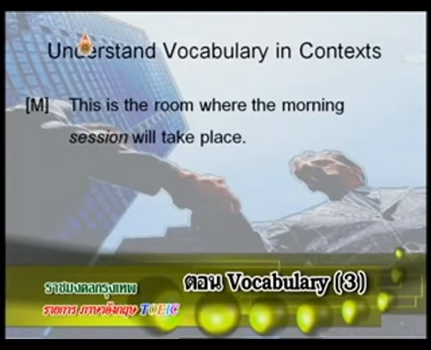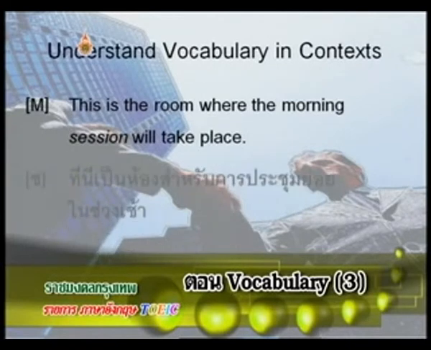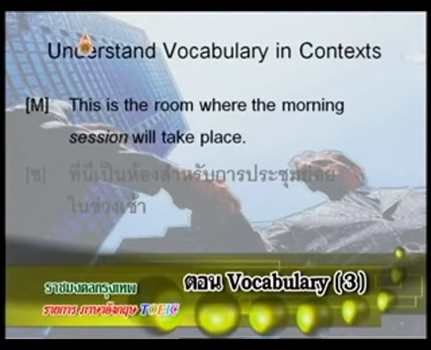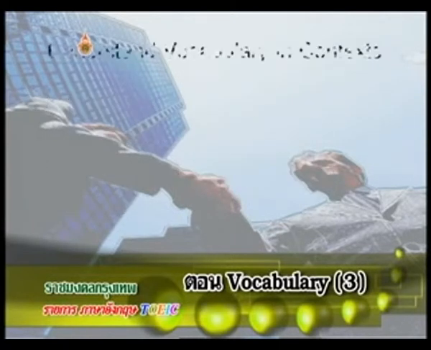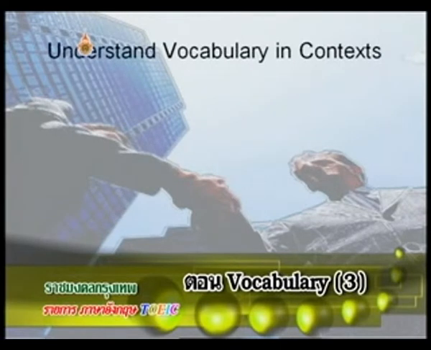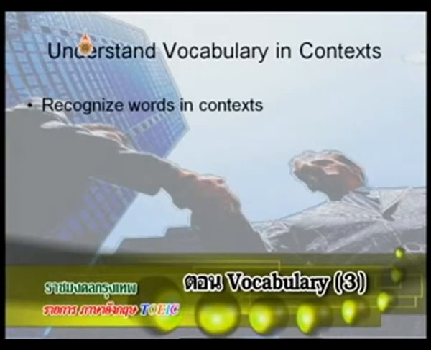So before we get into the next dialogue, let's have a look at the entire sentence in full. So this is the room where the morning session will take place, the man said, and it means, "ที่นี่เป็นห้องสำหรับการประชุมย่อยในช่วงเช้า." Then the woman came and said something which has the word that we are learning, and it is the word hold.